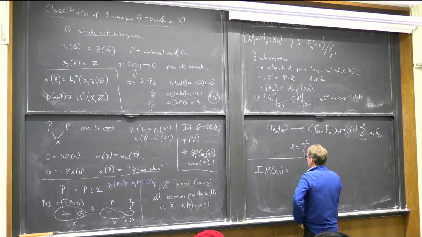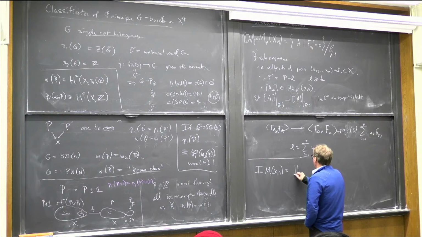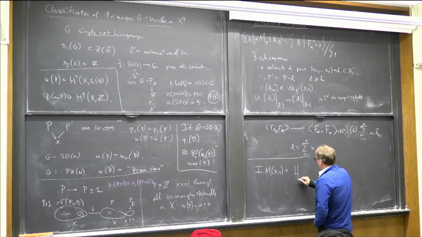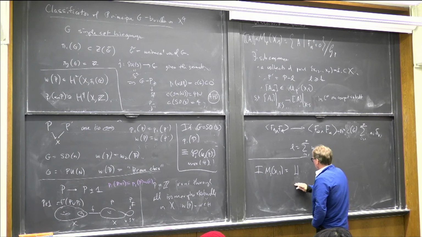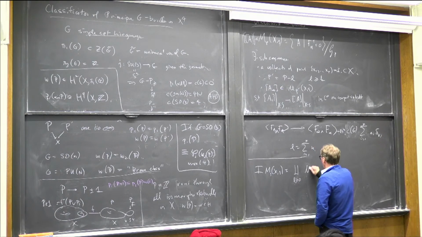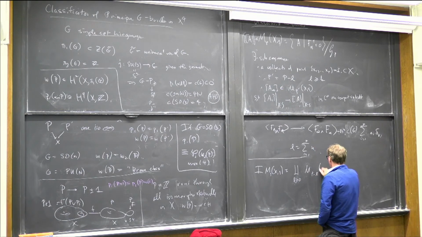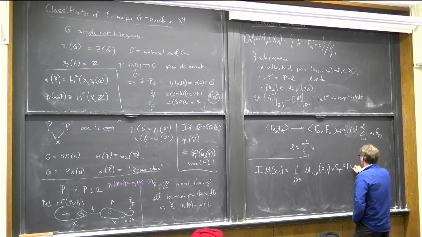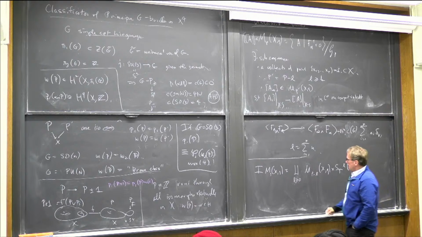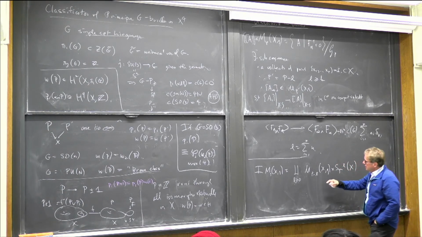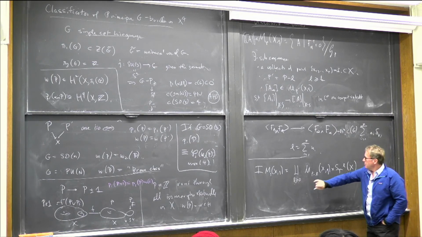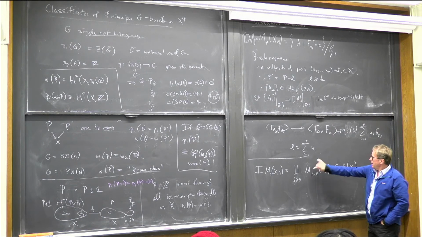That's equal to the disjoint union, L greater than or equal to 0, of M_{P minus L} of X times the L-th symmetric product of X. As L gets bigger, the energy here gets smaller.